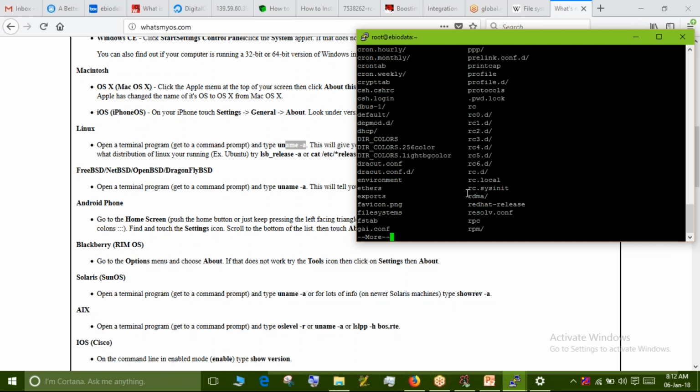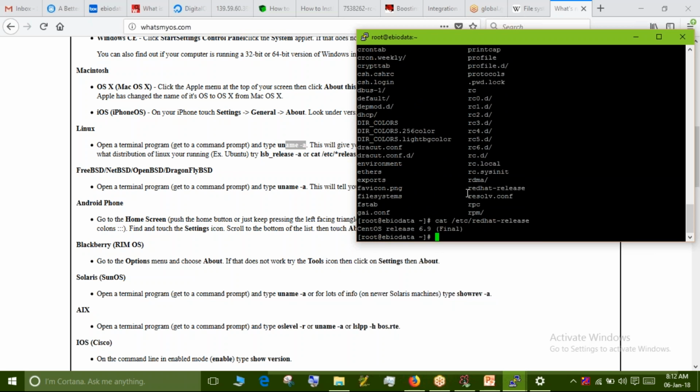Yeah, because CentOS and Ubuntu are different, with a very slight difference in commands. Now you are seeing this one. Got it? What is the operating system saying? It is CentOS 6.9.